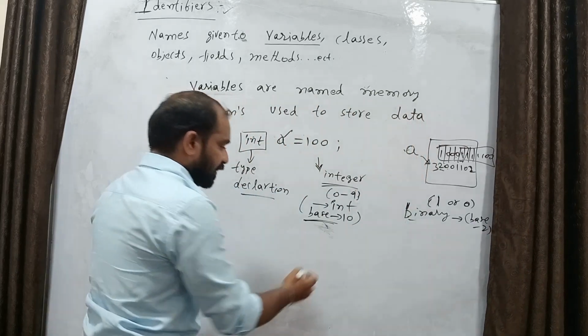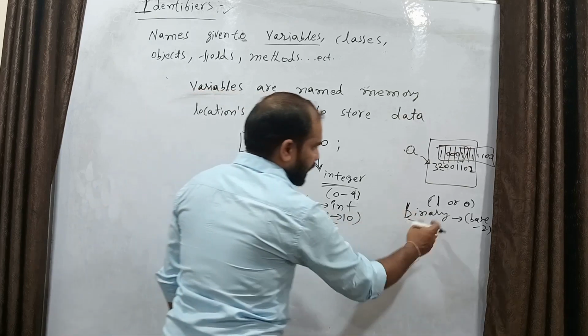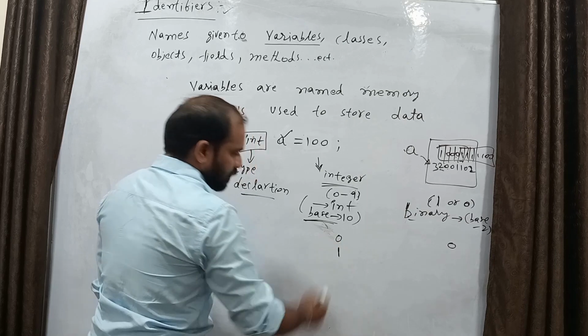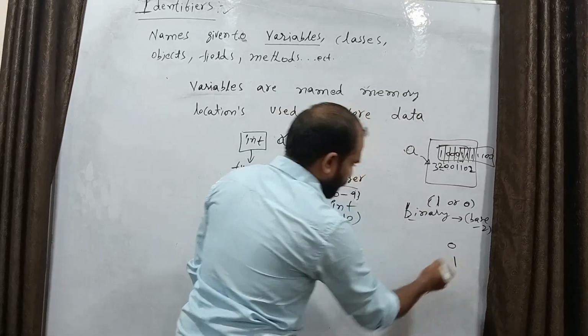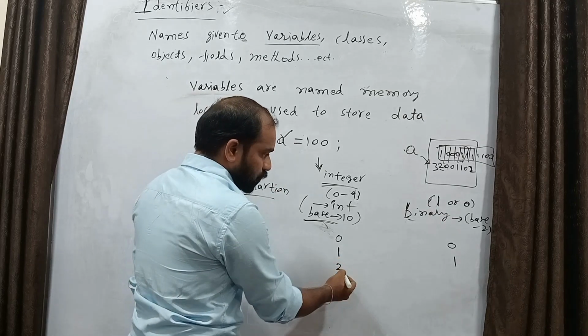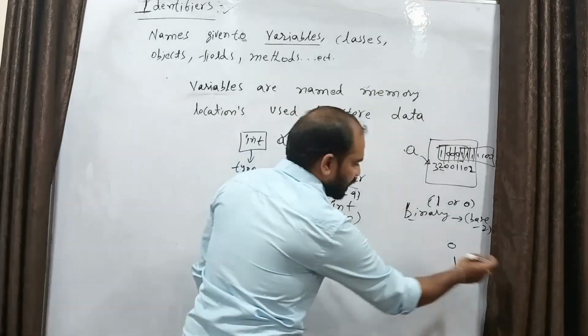Now here the task is to convert integers to binary. In binary, 0 is available, it is 0. In integer 1 is available, in binary 1 is available. But integer 2 is not directly available in binary. If you want to store the data 2 in memory, compulsorily this data should be converted into ones and zeros format.